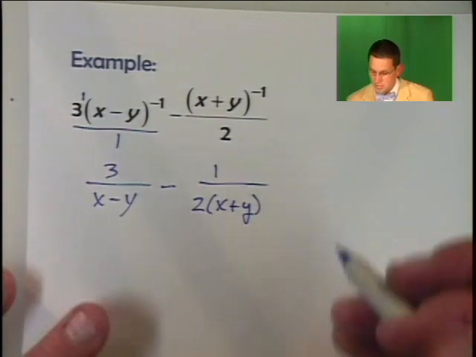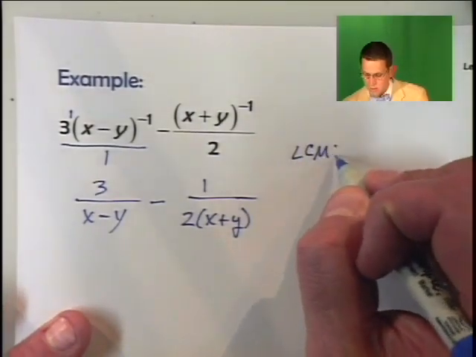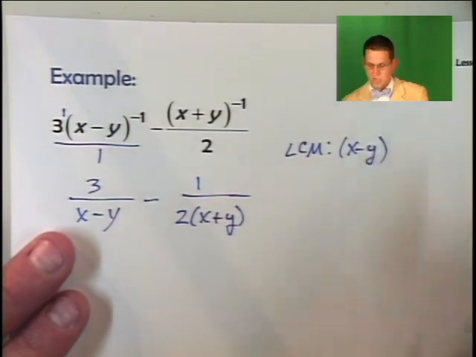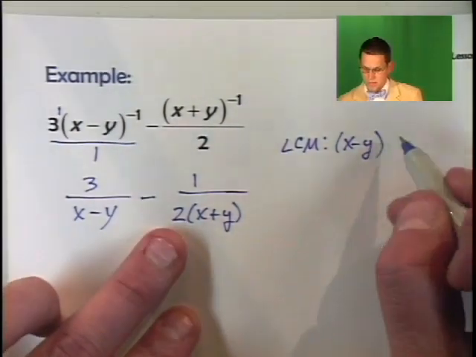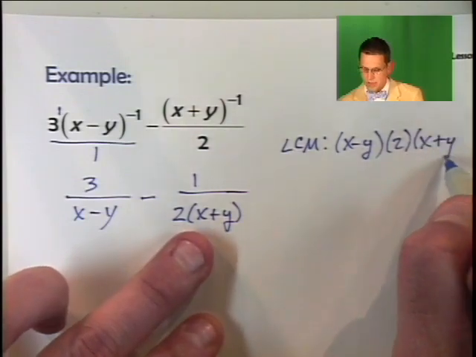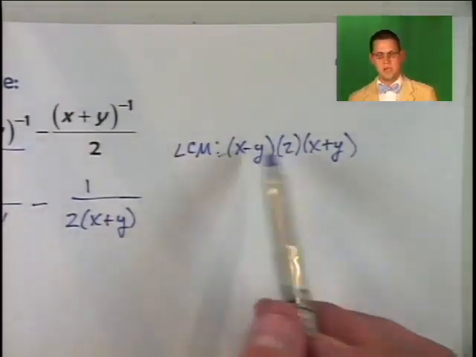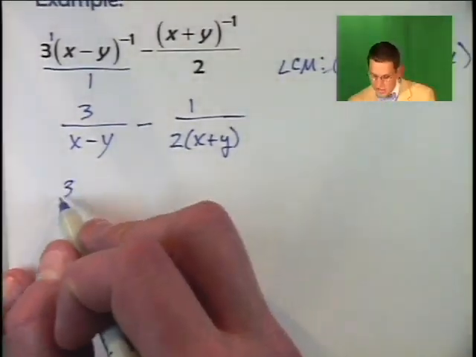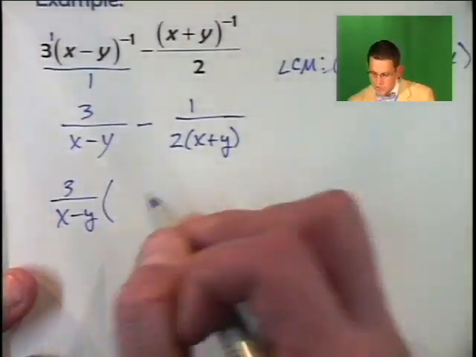Now, I need to list the factors of each term of the denominator. So the LCM requires an x minus y. This term requires a 2 and an x plus y. So guess what? The LCM is the product of all three of them. And so I'll go ahead and go through like I have been. I have the x minus y, so I need the other 2.